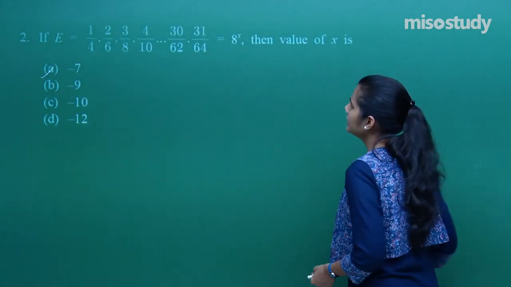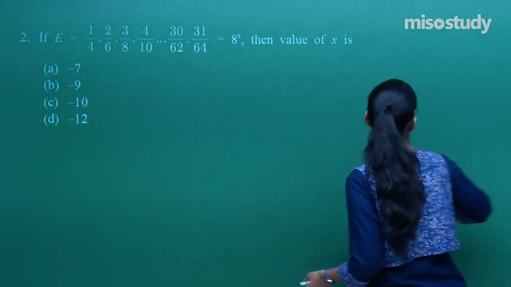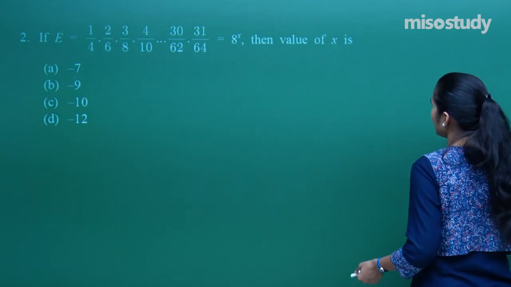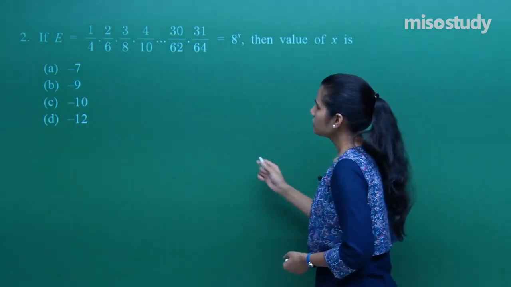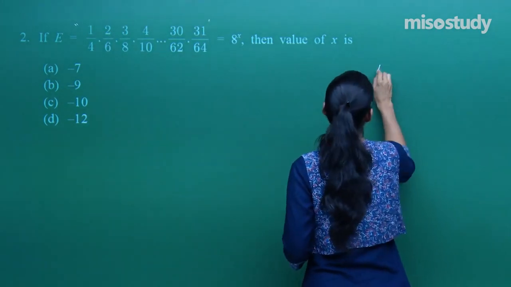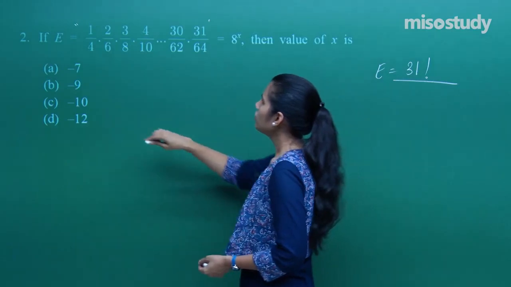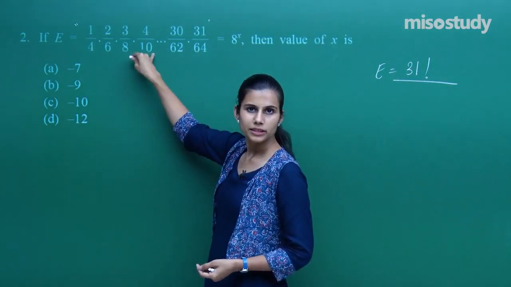We have E is given to us and that is equal to 8 to the power x. Then the value of x is what you need to determine. Now see, if you carefully observe the numerator 1, 2, 3, 4 up till 31, obviously E is nothing but 31 factorial whole upon. Now you are going to take out 2 common from each term in the denominator.